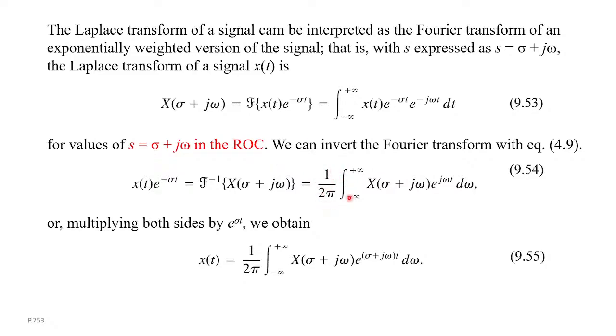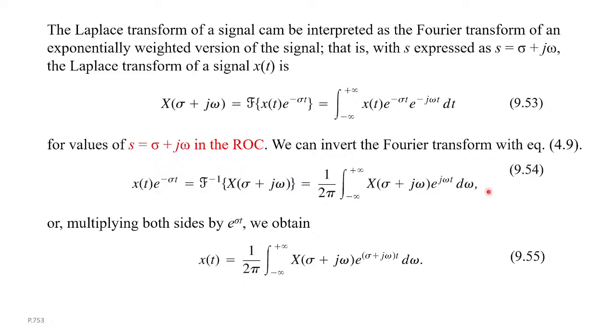So it is 1 over 2 pi, integral from minus infinity to infinity, of this big X times e to the j omega t d omega. So you can calculate this like a Fourier transform.